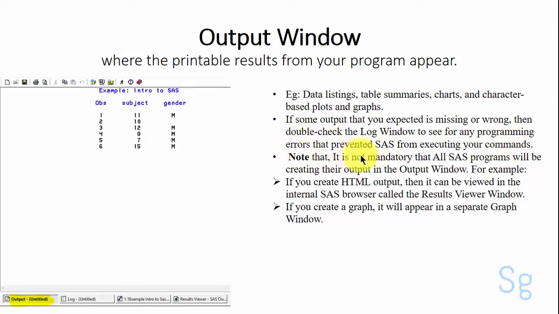Note that it is not mandatory that all SAS programs will be creating their output in the output window. For example, if you create HTML output, then it can be viewed in the internal SAS browser called the Result Viewer window. If you create a graph, it will appear in a separate graph window.